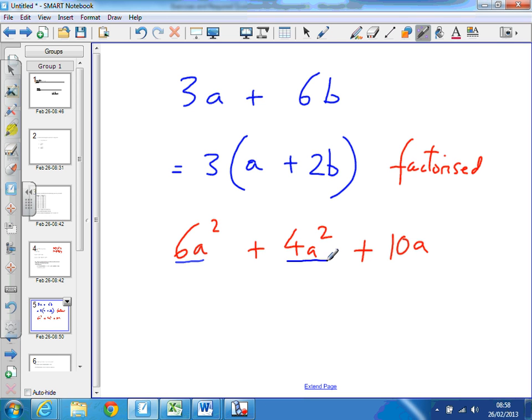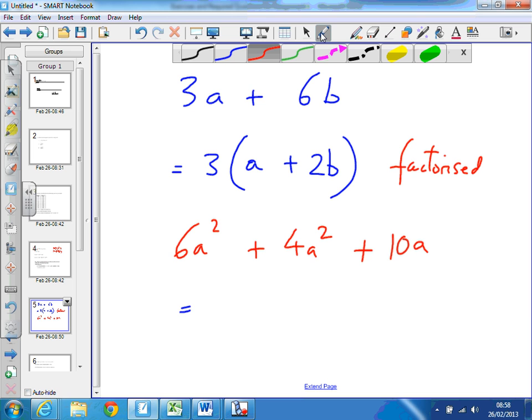Right. Collecting together like terms. These are like terms. A squared and A squared, they're like terms. So I can collect them together. Oh, yeah. 10A squared plus 10A.